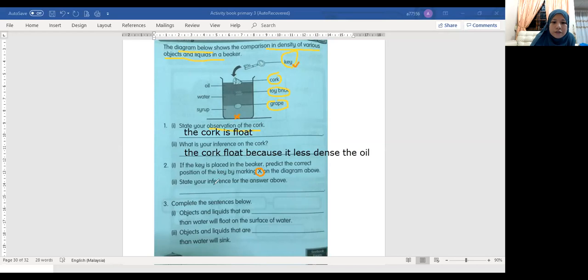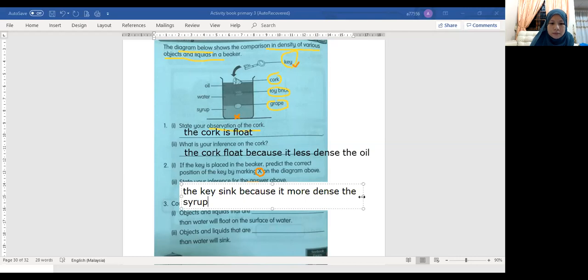Now state your inference for the answer above. Why does the key sink? As usual, the key sinks because it is more dense than the syrup. Not water but syrup, because here is the syrup and here is the key.